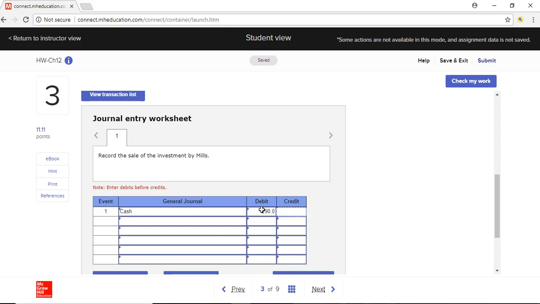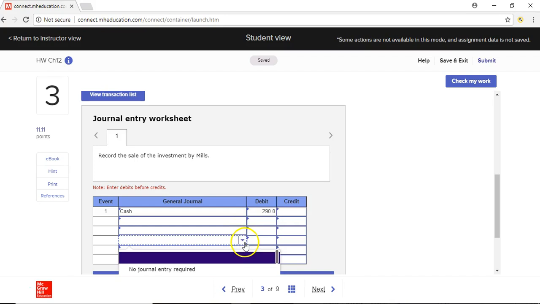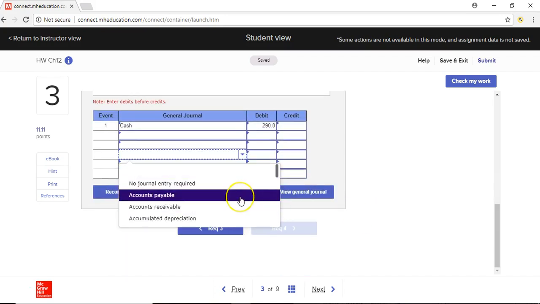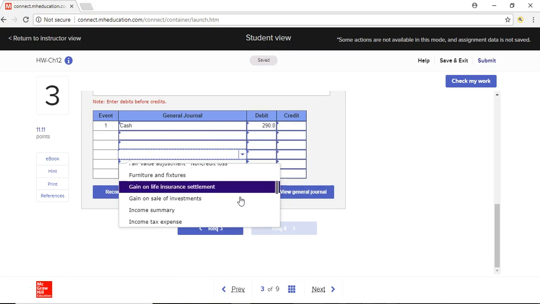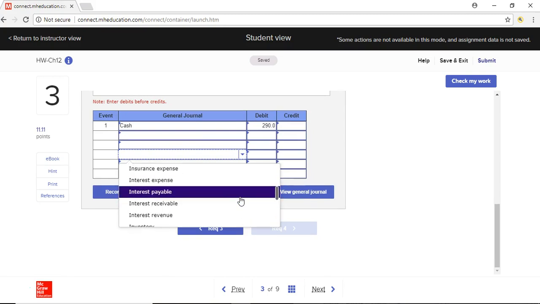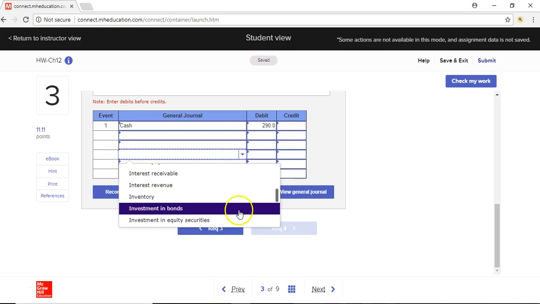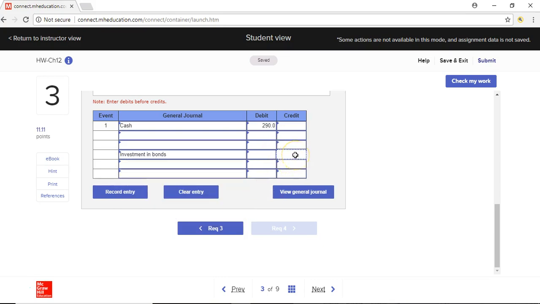There are two elements to the book value of these bonds. One is the face value of the bonds, which was represented by investments on bonds. So we write off an asset called investment in bonds on the credit side at the face amount, $240 million.